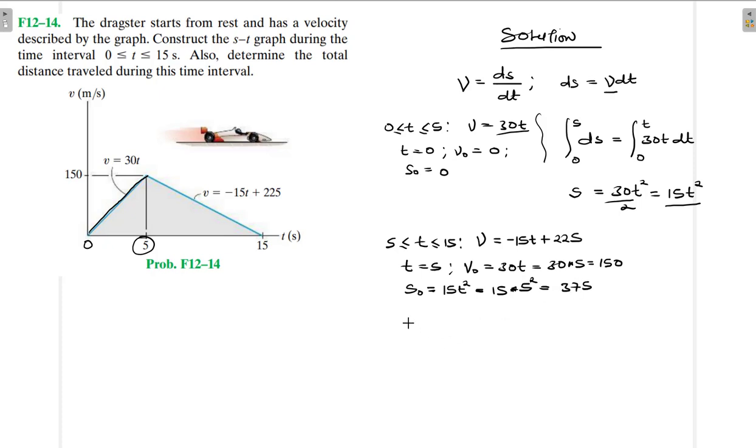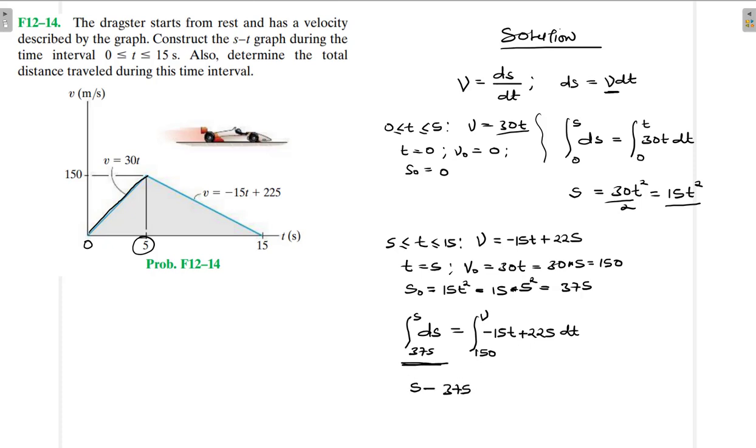So with this information, we can go ahead and bring in the integration. We are starting from 375 to s, which is equal to, what is our v here? Our v is minus 15t plus 225, dt, and we are integrating from v0, which we found to be 150, to v. So here is going to be equal to s minus 375.